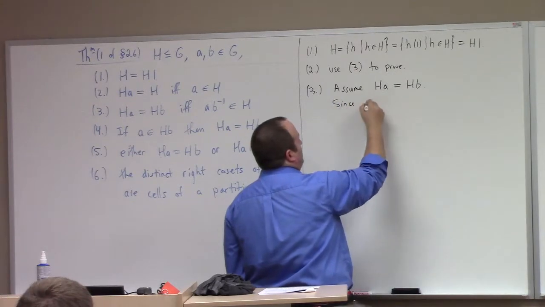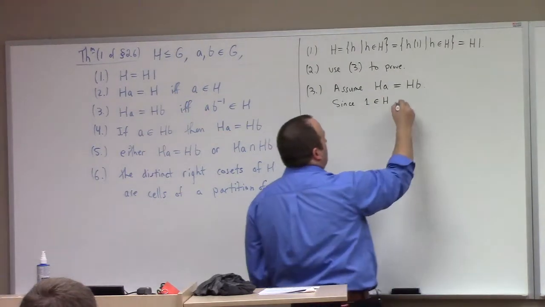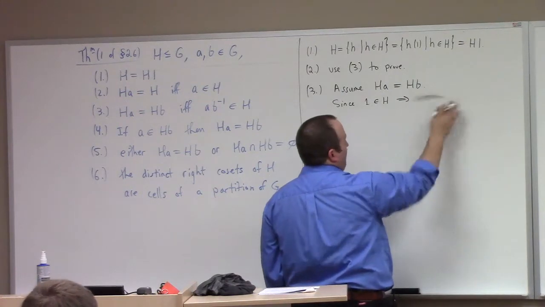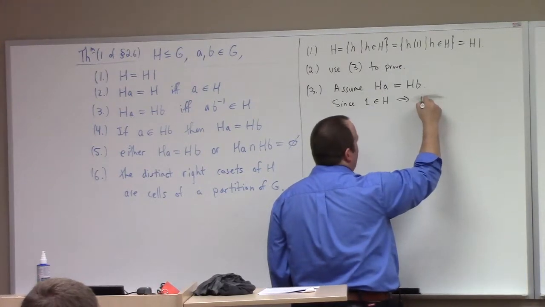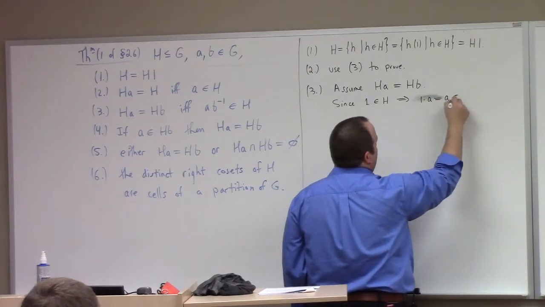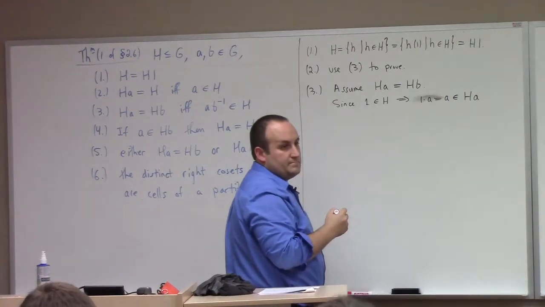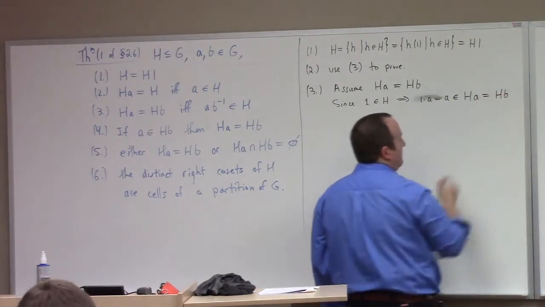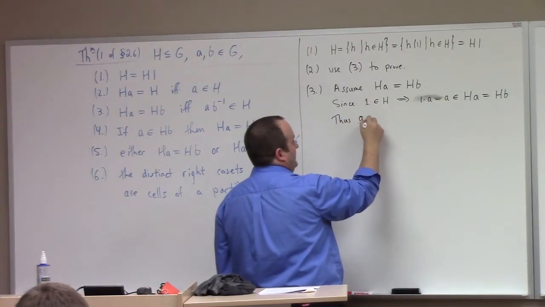Since 1 is an element of H, which is a subgroup, this implies that 1 times a, which equals a, is an element of Ha. But this is equal to Hb. So just to emphasize, thus a is an element of Hb.